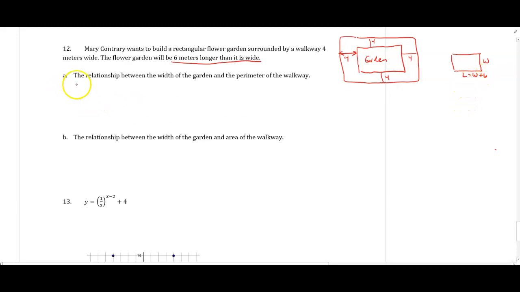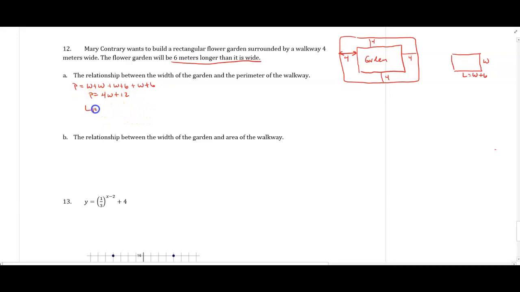Now when I look at the perimeter of the garden, it's going to be W plus W, remember, perimeter is distance around, plus W plus 6 plus W plus 6. So the perimeter of the garden will be 4W plus 12.